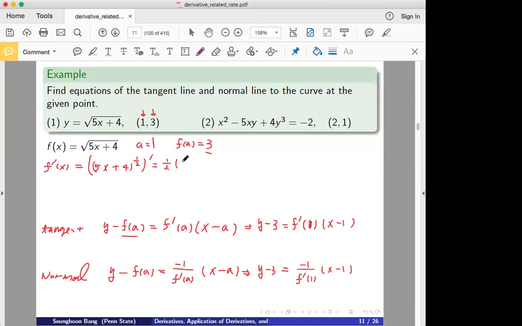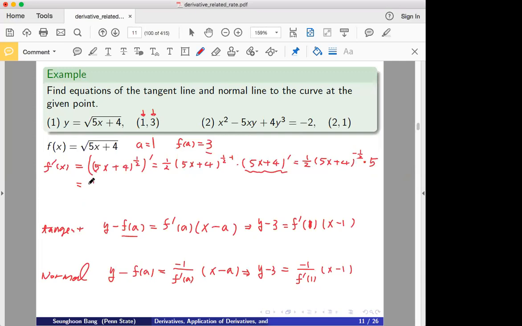Bring 1 over 2 down, keep 5x plus 4 to the 1/2 minus 1, times the inner function's derivative, 5x plus 4 prime, which is just 5.